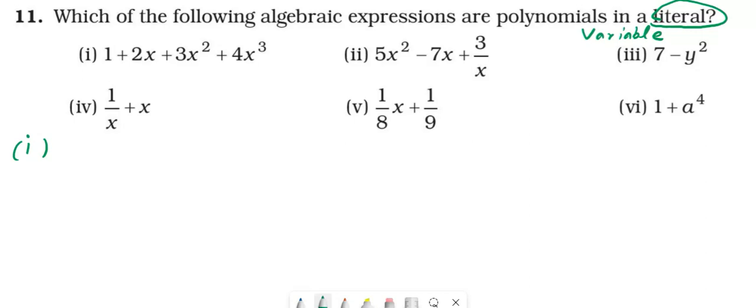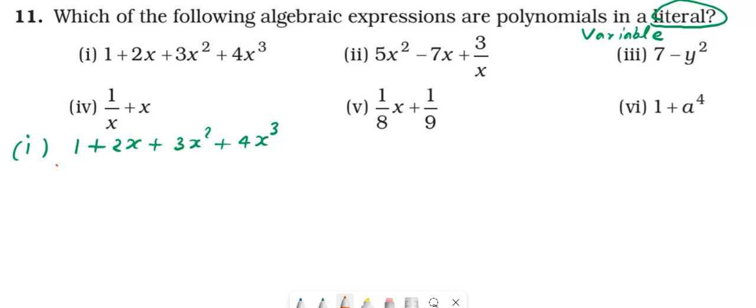Why? Because for a polynomial, the power of x should be a whole number. In the first part, 1 plus 2x plus 3x square plus 4x cube, in each term, the power of x is a whole number. Hence, it is a polynomial.